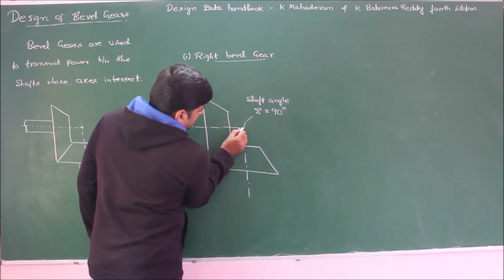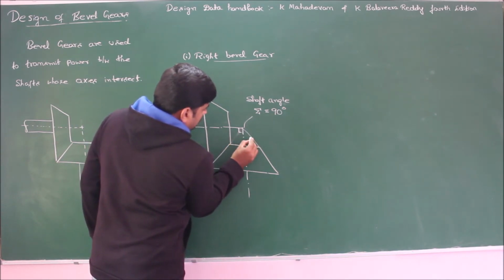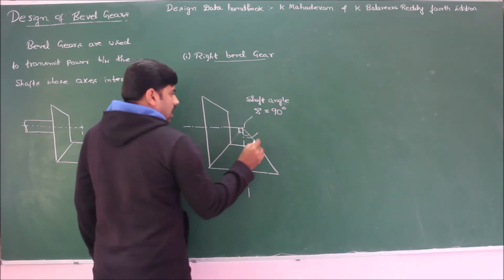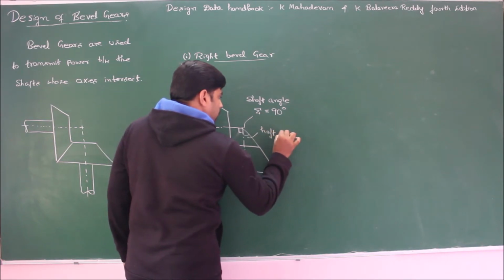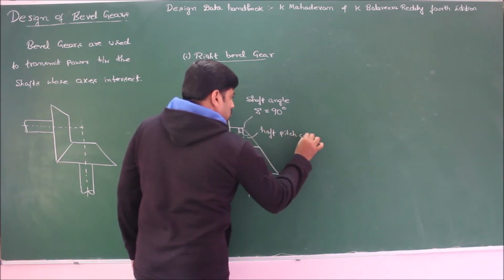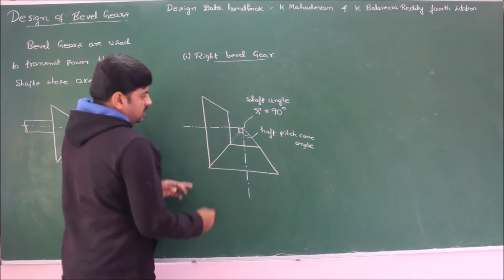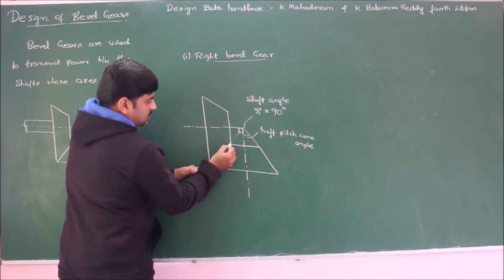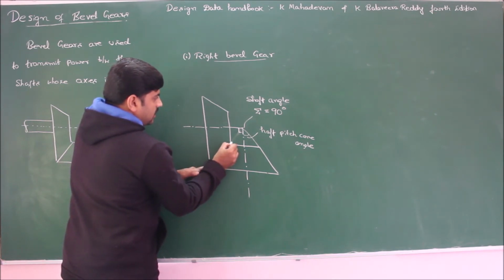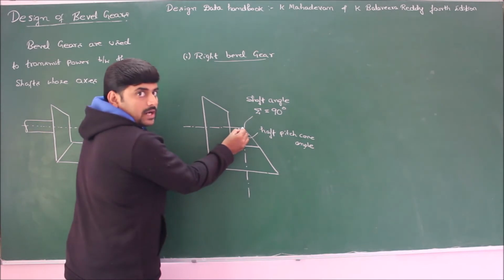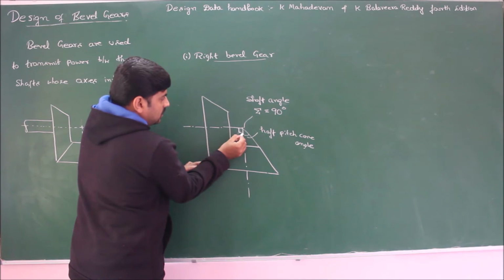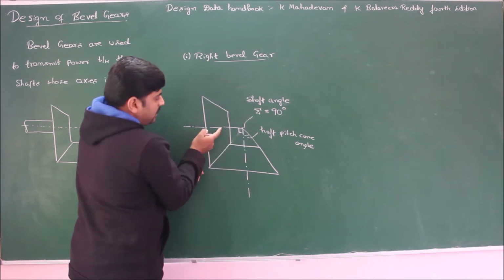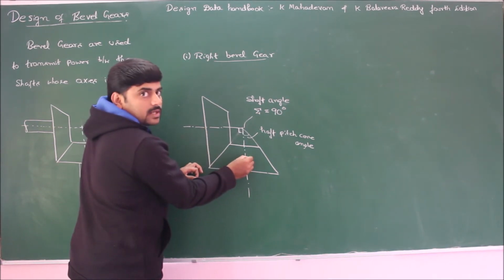and the angle made by this line is termed as half pitch cone angle. That is, if I extend this edge such that it will intersect the point where these two axes are intersecting, I will get the two half pitch cone angles made by gear number 1 and gear number 2.